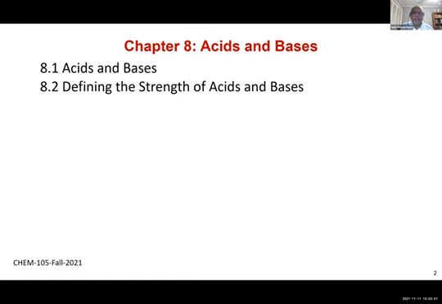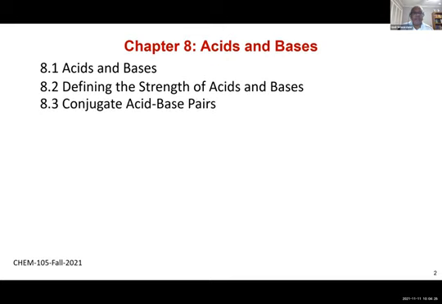Bases are proton acceptors. Acids are proton donors. So we have to find a way to define the strength of both Arrhenius acids and bases, or Bronsted-Lowry acids and bases.